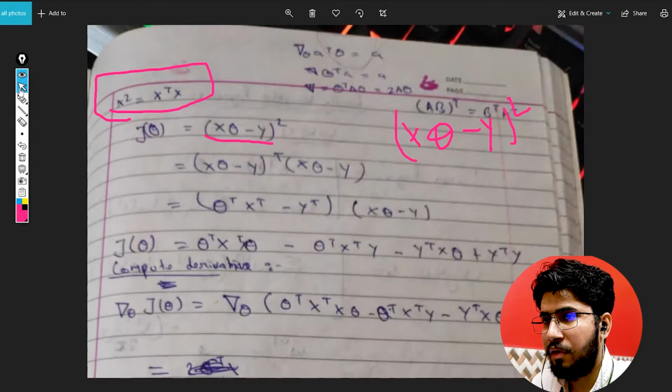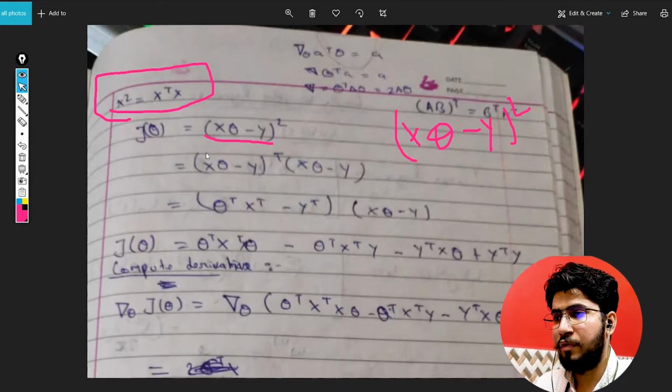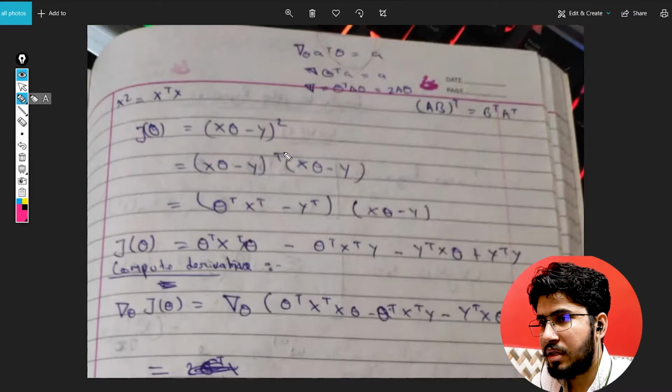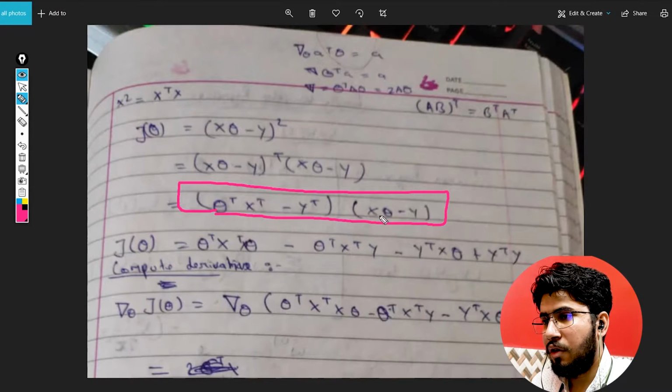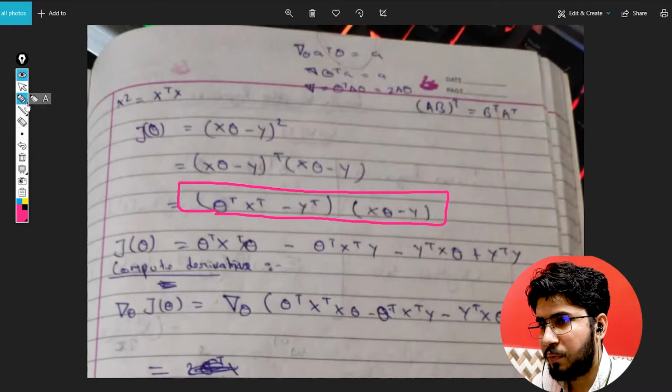So we will have x theta minus y transpose multiplied with x theta minus y. Now if you take this transpose inside this bracket, then you will have this line like this. And now what you can do is just multiply it.